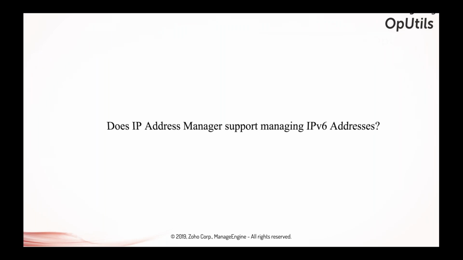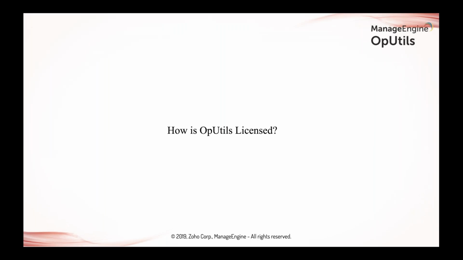And the next one, how is OpUtils licensed? The main features of OpUtils are IPAM, IP address management, and switch port management. OpUtils is mainly licensed based on the number of ports that you want to manage, as well as the number of IP addresses that you want to manage using IPAM and SPM respectively.